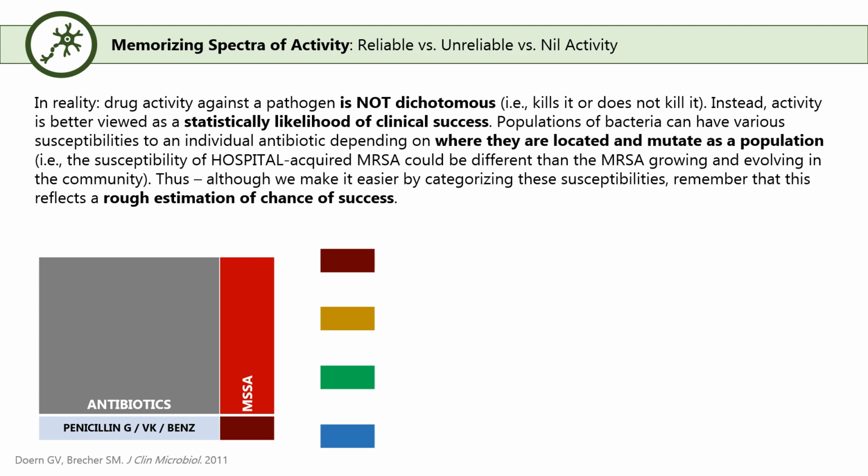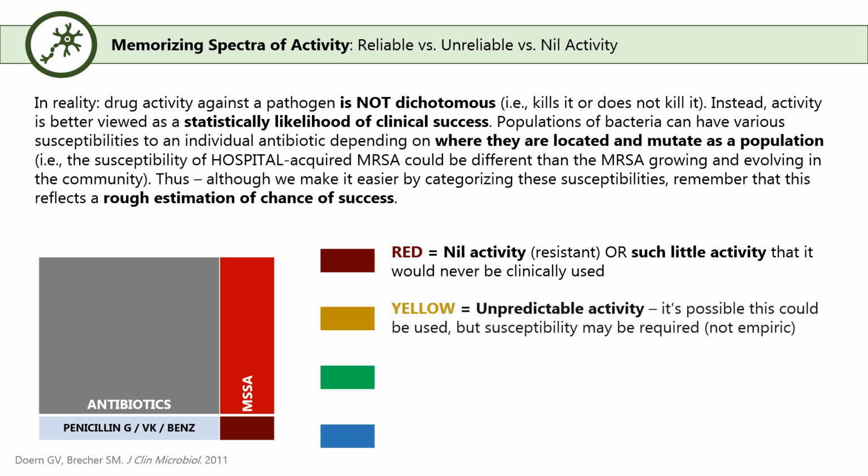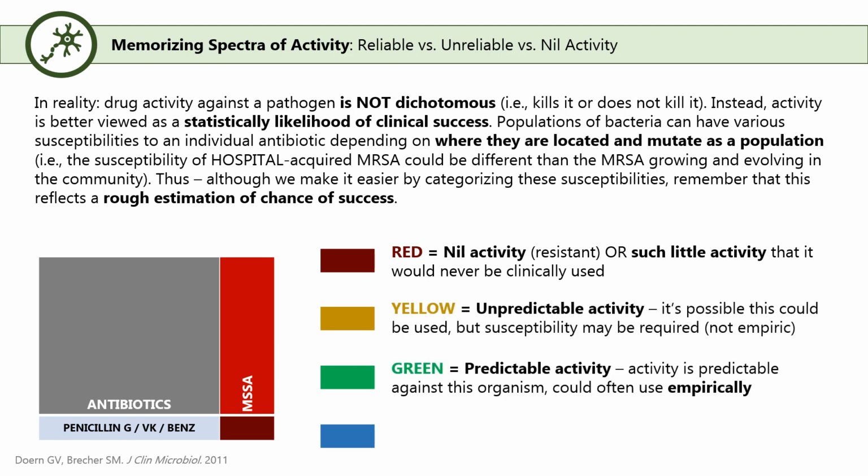In my truncated schema table, I use dark red for nil activity, which means we would not predict that the organism would be susceptible to this antibiotic at doses that are tolerable. I use green for my predictable activity, that is, I would suspect that the organism, even empirically, before susceptibility results, should respond to this antibiotic.